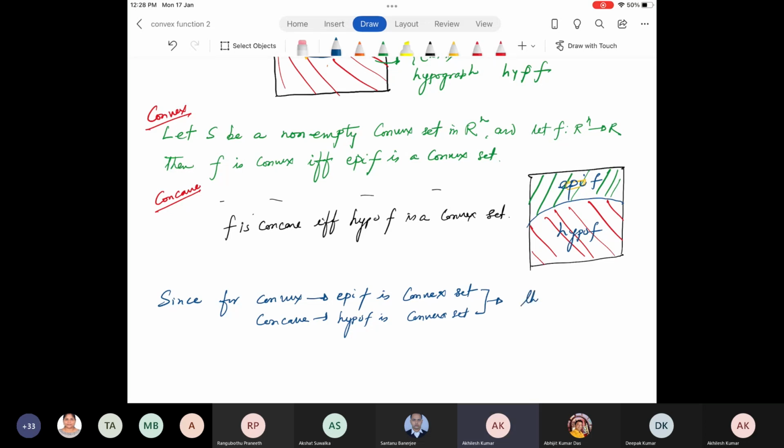They have supporting hyperplanes at points of their boundary.